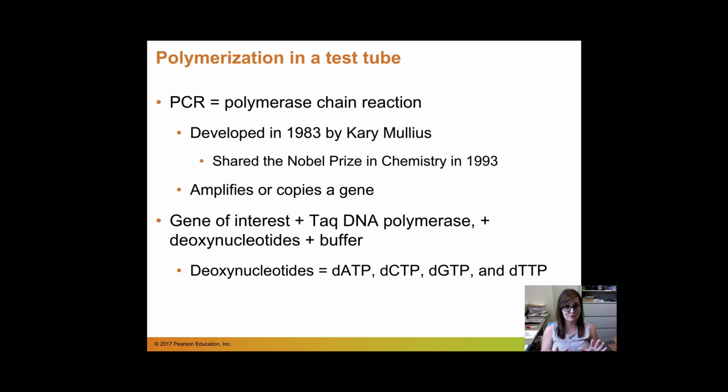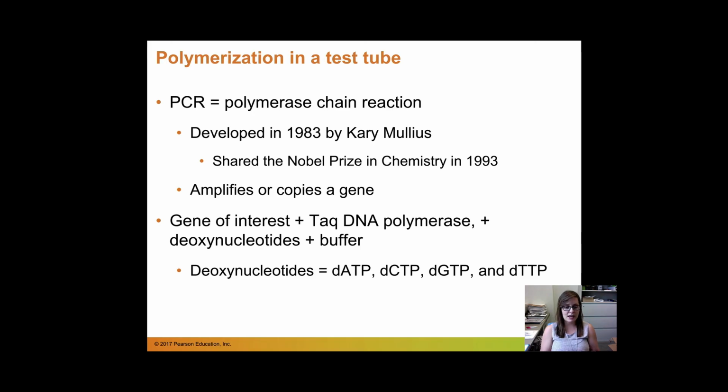But that's not what I'm going to point out about it. What I'm going to point out about it is all that you need to add to a tube to have a PCR reaction. And what you need to add is your gene of interest. So you just get DNA out of a cell, and you need to add Taq polymerase. That's the enzyme that I kept mentioning was important to allow the polymerization reaction to occur.